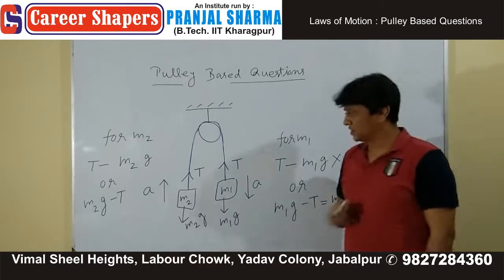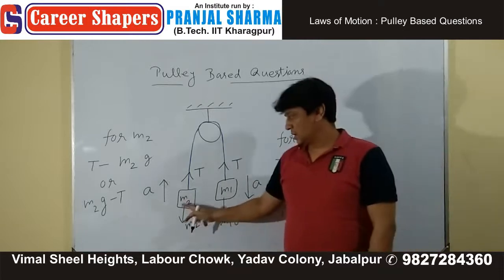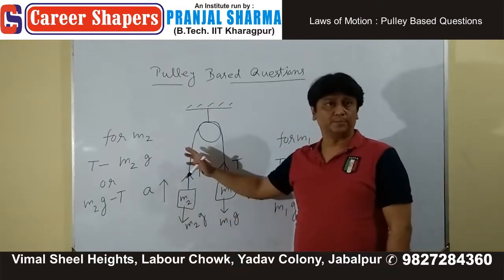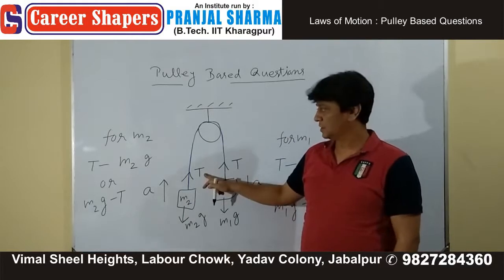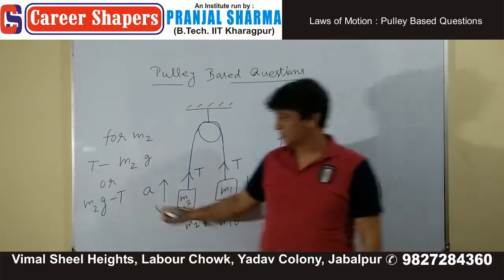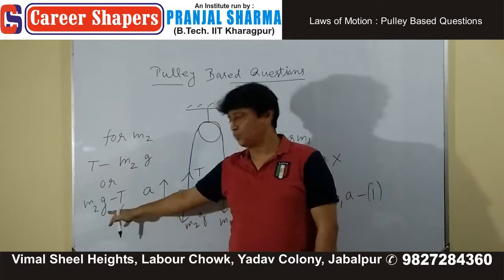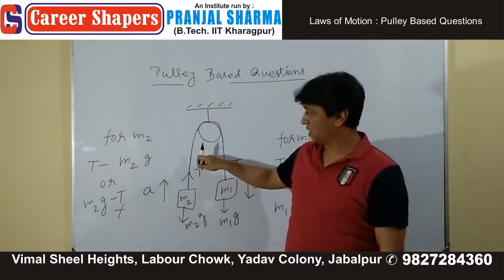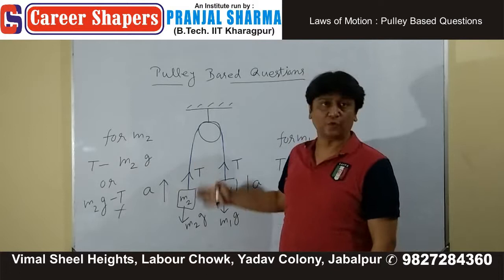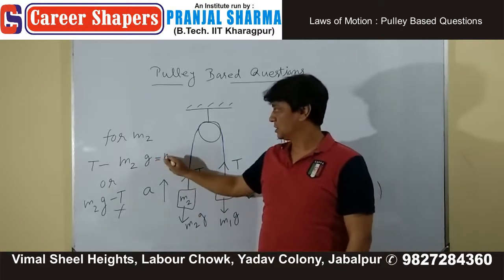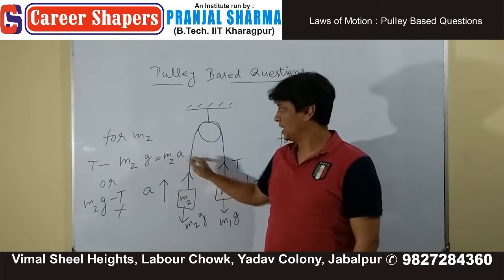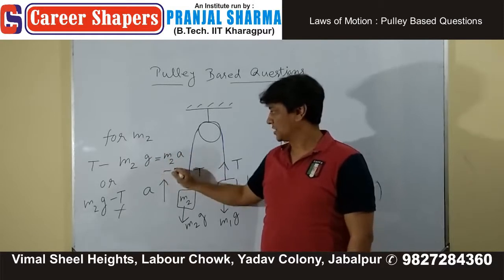Hopefully you have answered this. Now, this M2 is going up and therefore T is the larger force. If this is larger, then don't go for the other. Body is going up. What is net force? T minus M2G, which is M2 into A. That's your second equation.